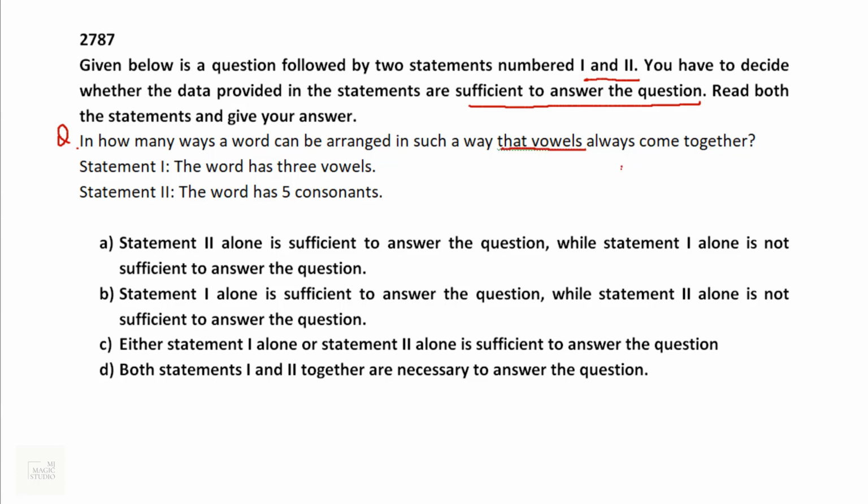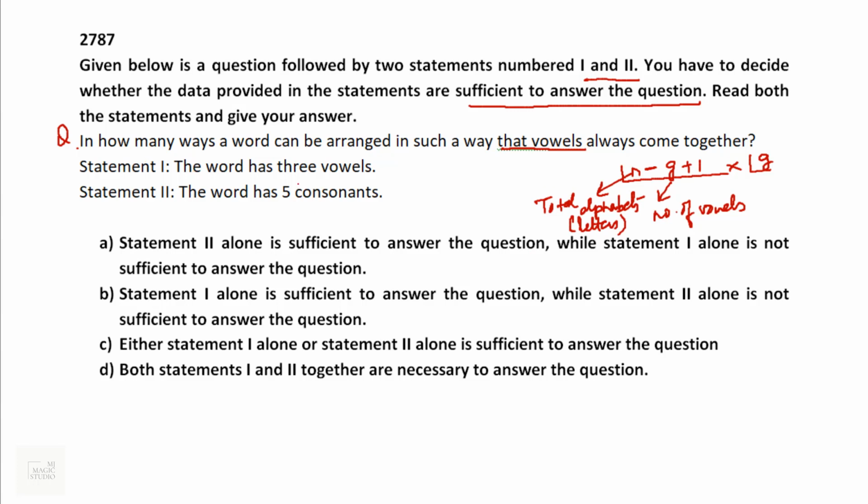We know the formula for that is n minus g plus 1 into factorial g. Now what is g? G here would be the number of vowels which are coming together, and n is the total letters in the word, not alphabets, basically total letters.